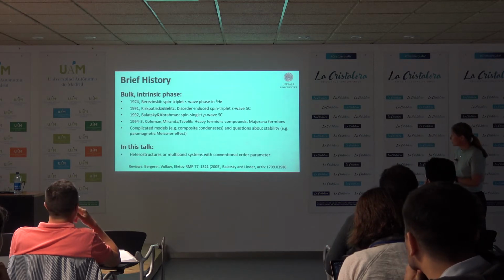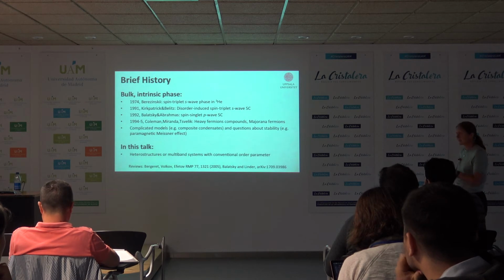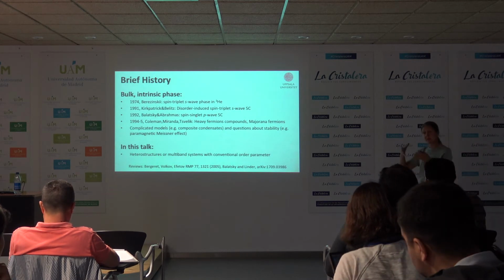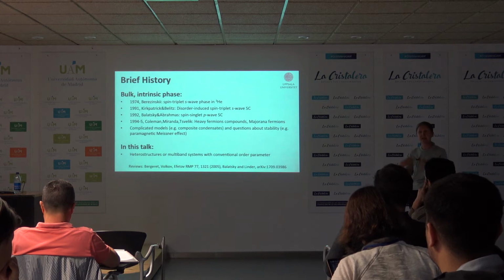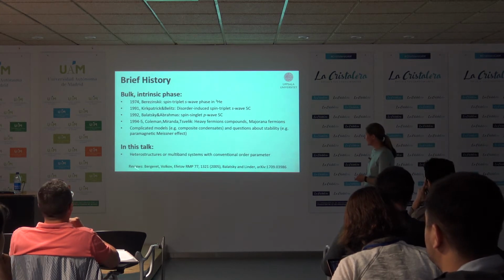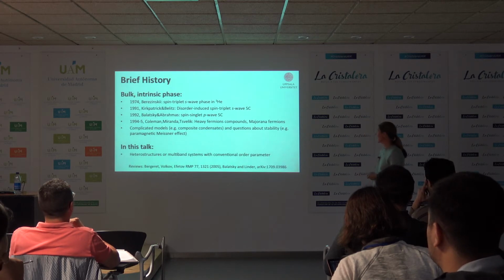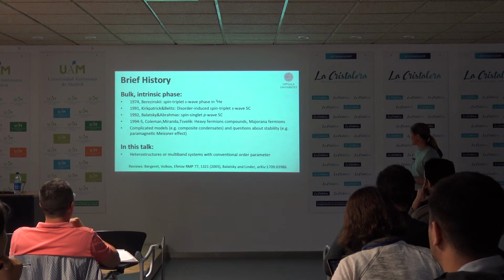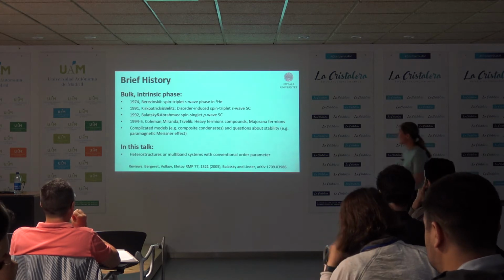Or, as I'm also going to talk about, a multiband system where we start by assuming it's conventional pairing, but then we look at the pair correlations. And if you're interested in more thorough reviews, there are at least two quite good ones, one published a while ago and one in the process on the arXiv.